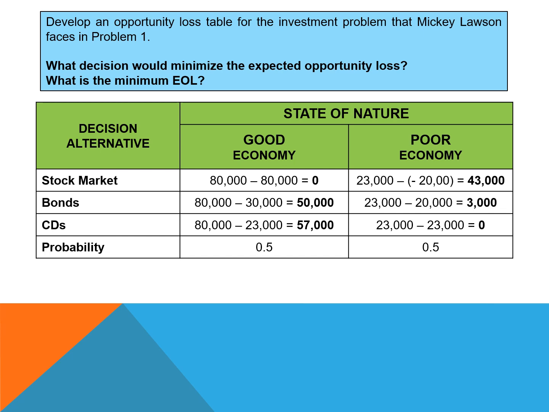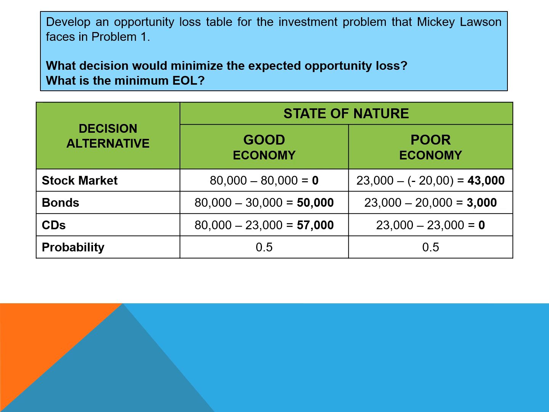So what does this mean? For the stock market alternative with a good economy outcome, 80,000 minus 80,000 is 0. It is 0 because there is zero regret. There is no regret because the profit was maximized, since the profit obtained is 80,000. So there is no missed out profit. In the case of bonds, 50,000 was missed out because the profit was not maximized, since bonds were chosen instead of the stock market.